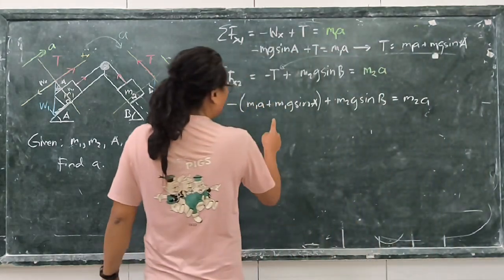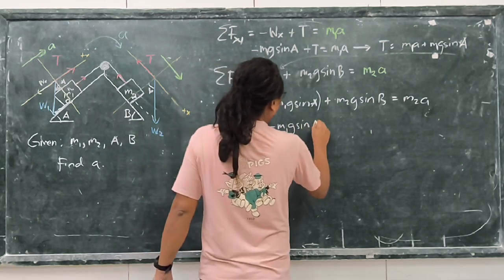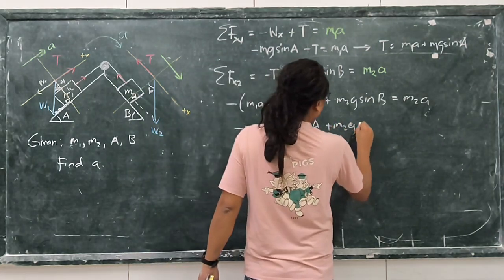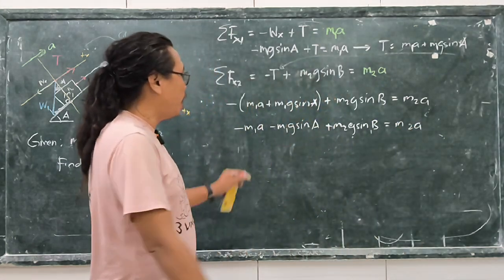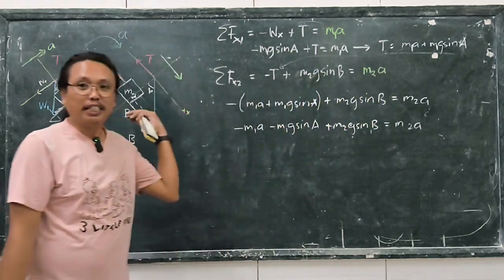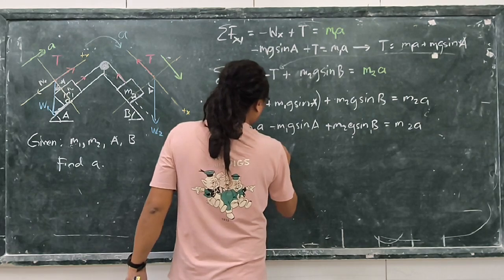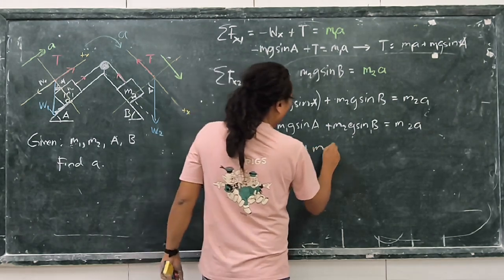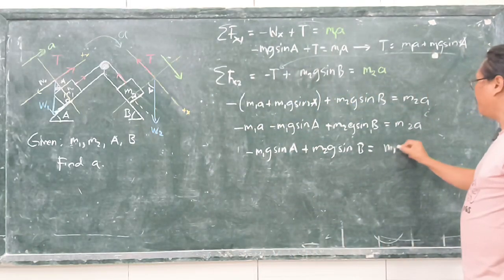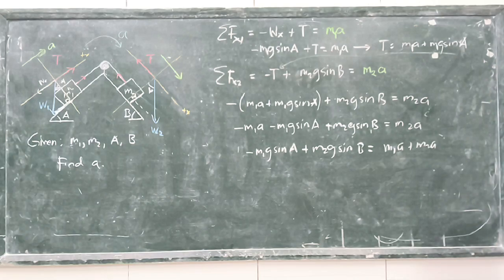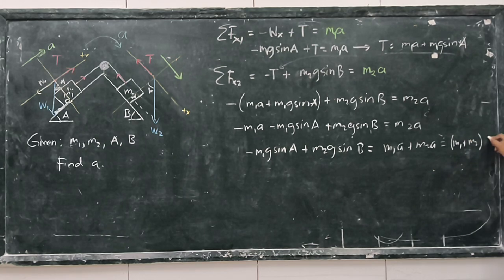Now, minus m1a minus m1g sine A plus m2g sine B equals m2a. What should we do? We isolate a on one side and everything without a on the other side, right? So we now have minus m1g sine A plus m2g sine B equals m1a plus m2a, which would be equal to m1 plus m2 times a.